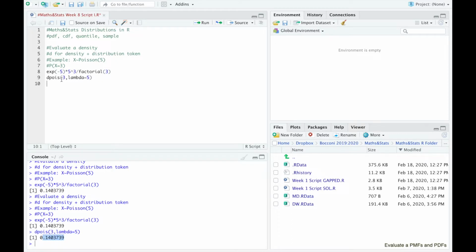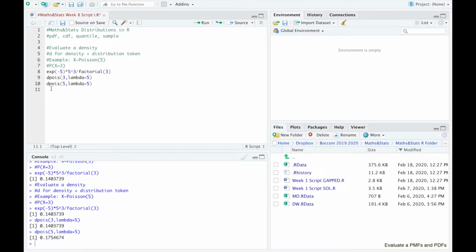So with these functions, you can easily evaluate the PDFs and PMFs of the most common random variables. So, for example, if I want to evaluate the density function of the Poisson at 5, this is how it's written. This function, dpois, works in a vectorial way. It's vectorized. What does this mean?